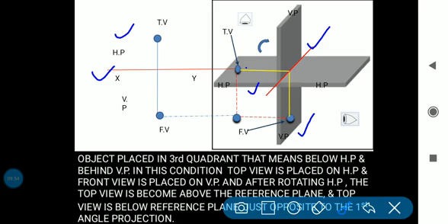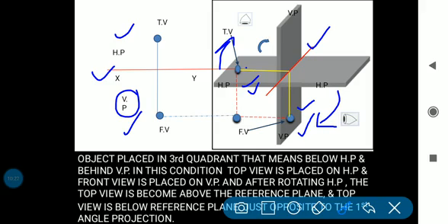Rotating 90 degrees, so it becomes above the reference line, and the vertical plane remains below the reference line. See it, this is the vertical plane, below the reference line, and the horizontal plane above the reference line after rotating at an angle of 90 degrees.